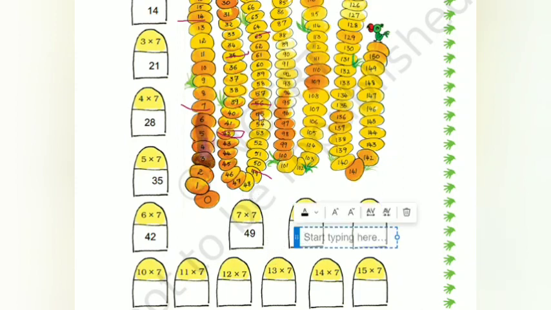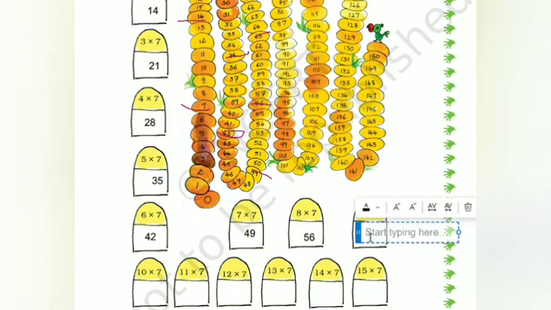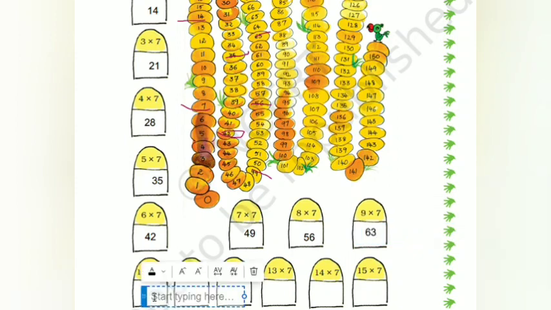In the eighth time it reached 56. 8 into 7, that is 56. Then in the ninth time it reached where? After 56, where is it going? 63. Then 10th time. Where did it reach? It reached 70. Okay, so 10 into 7, that is 70.